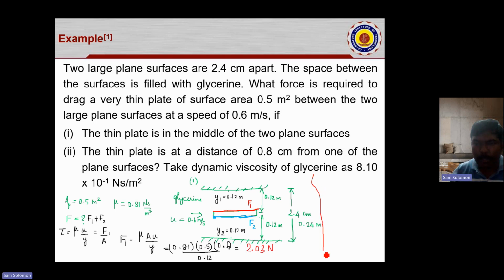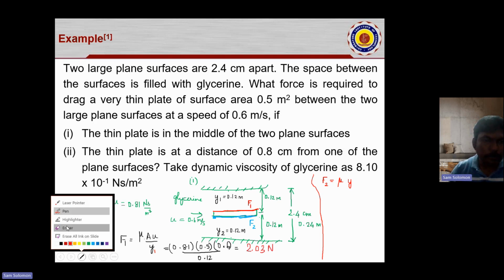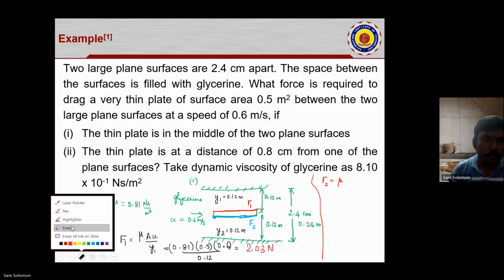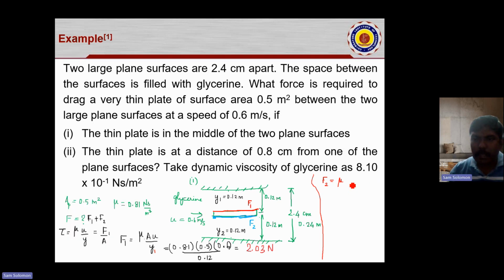So F2 is mu times A times u divided by y2.